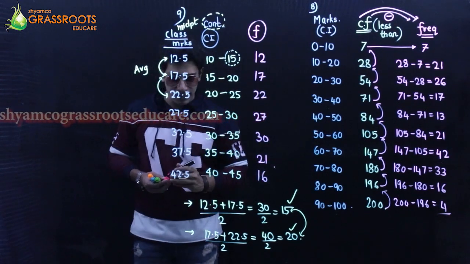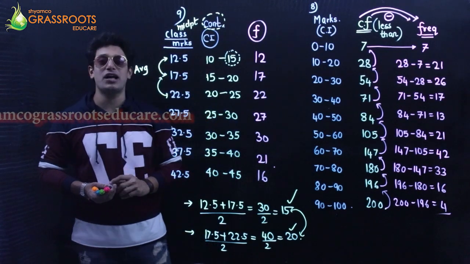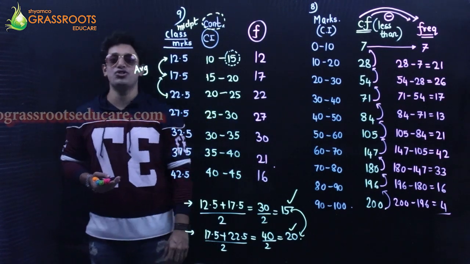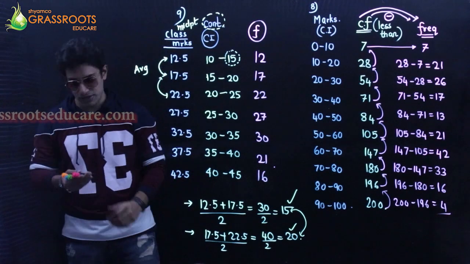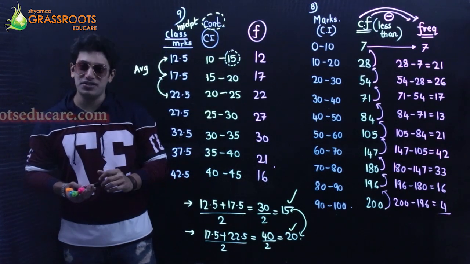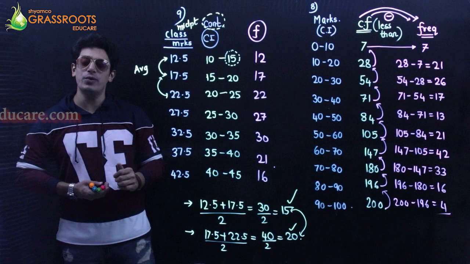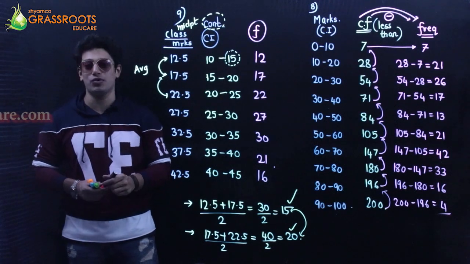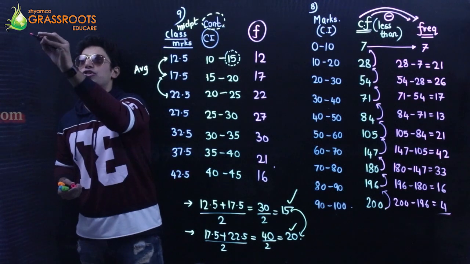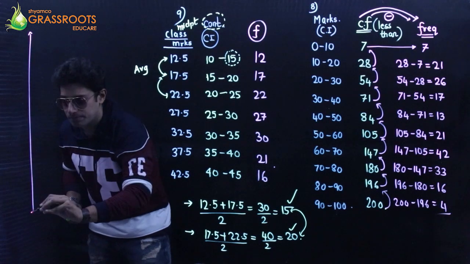In the question, they are asking you to draw the histogram and the ogive for the following data. So first, what we'll do is draw a histogram. Let's draw a histogram for the following sum.